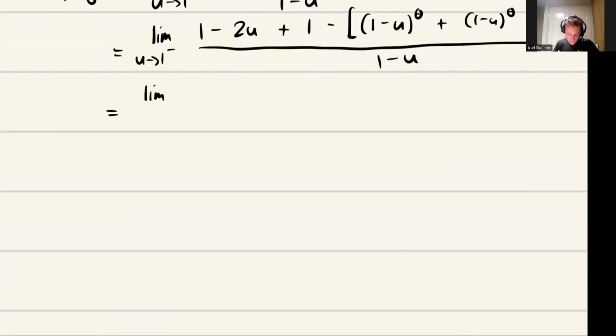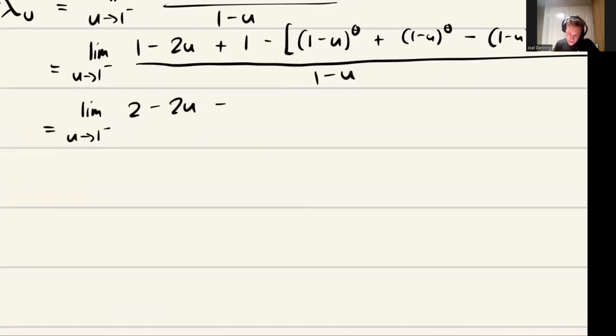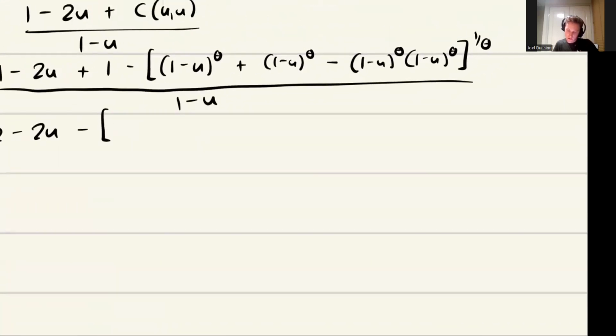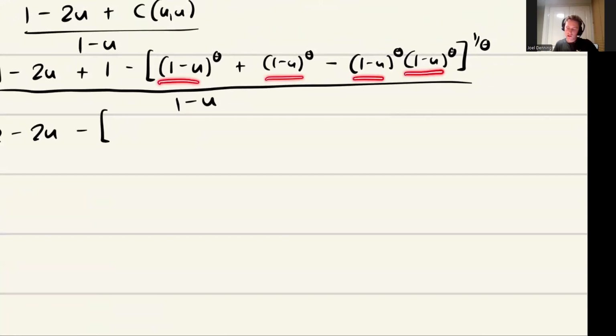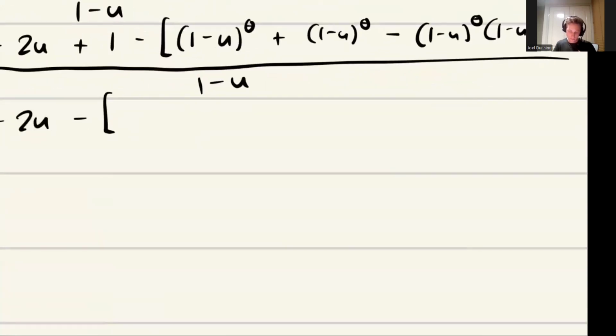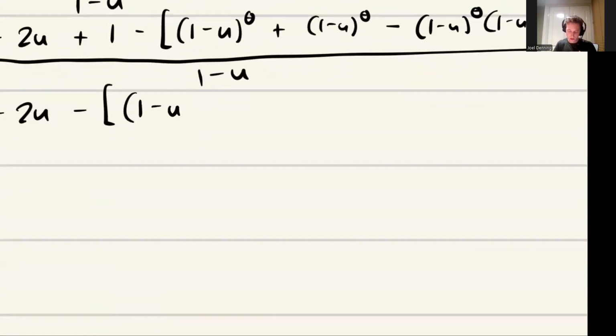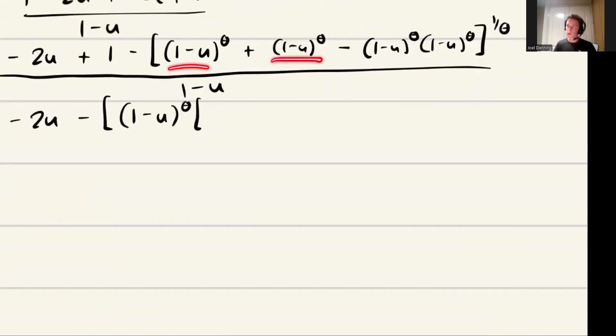Now, 1 plus 1 on the top there, that'll just become 2 minus 2u. Then inside the bracket here, you can see there's a 1 minus u to the theta in every term. So I'm going to pull one of those out. Then inside here, we've got 2 lots of that. So we'll have 2, and then we've got another factor of 1 minus u to the theta there.